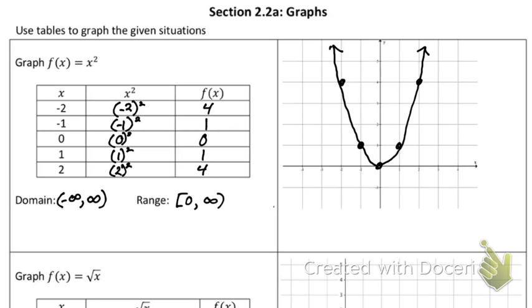So when I'm asking you about domain, I'm asking you left to right. What is the furthest left your graph goes to, how far right does your graph go? So I know this is going up and up and up, but I'm talking about left and right. So I'm thinking about, okay, this arrow is going this direction, so if I go all the way over here and I go up high enough, I'm going to find that graph.